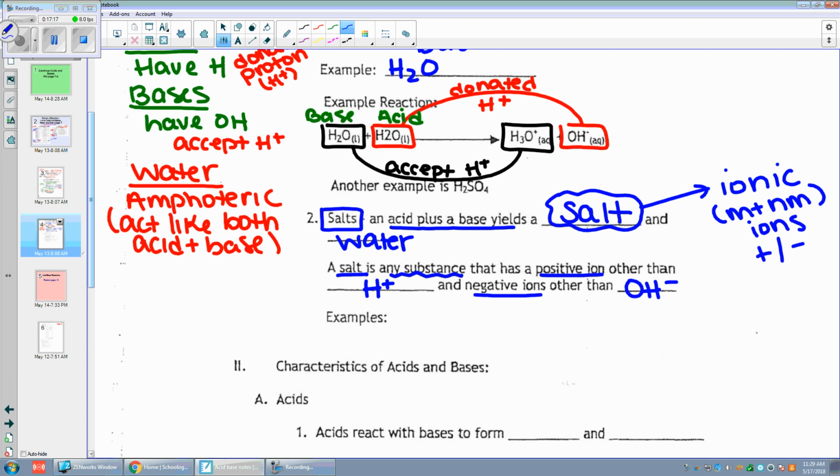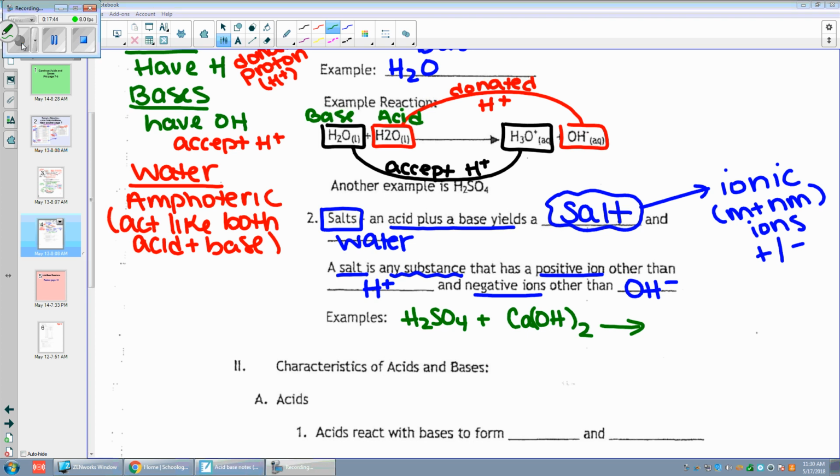An example of this, I'm going to show you the acid plus base gives us salt and water. I have acid, let's take H2SO4, plus base, let's do Ca(OH)2. Gives me a salt and water. So this is going to be a double replacement reaction.